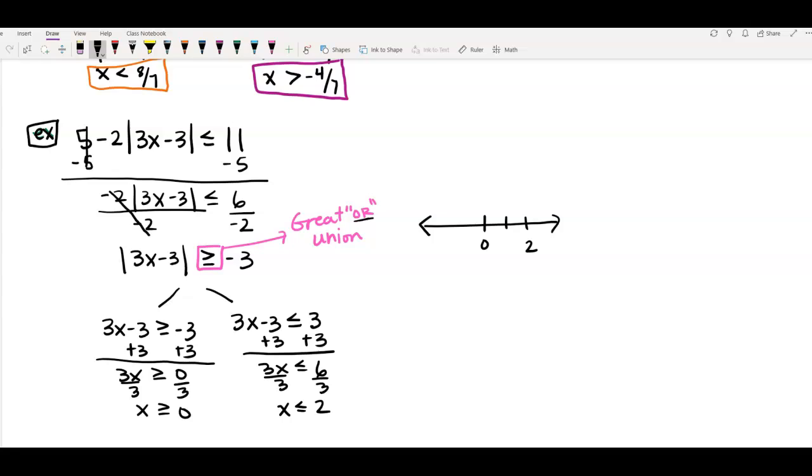At x is greater than or equal to 0, it's going to have a closed-in circle, and all the stuff greater than 0 is going to be to the right. And I want the stuff that's less than or equal to 2, so again a closed-in circle here, and this time I want everything to the left.